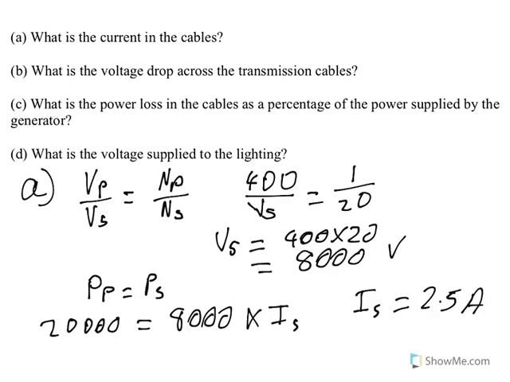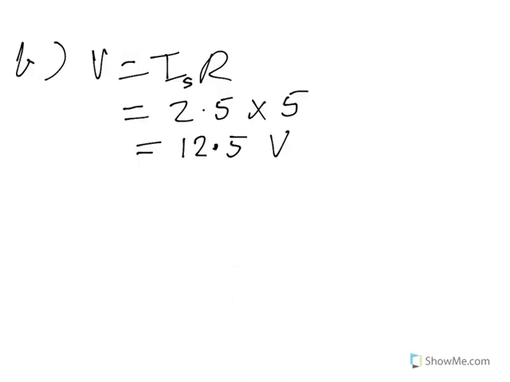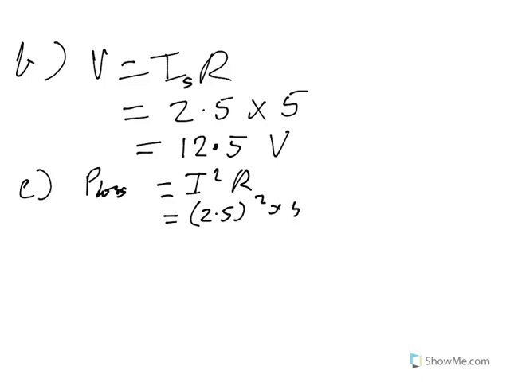All right, C, power loss in the cables as a percentage. Our power loss is I squared R. Again, the current in the cables, 2.5 squared, times the resistance of the cables, which is 5.